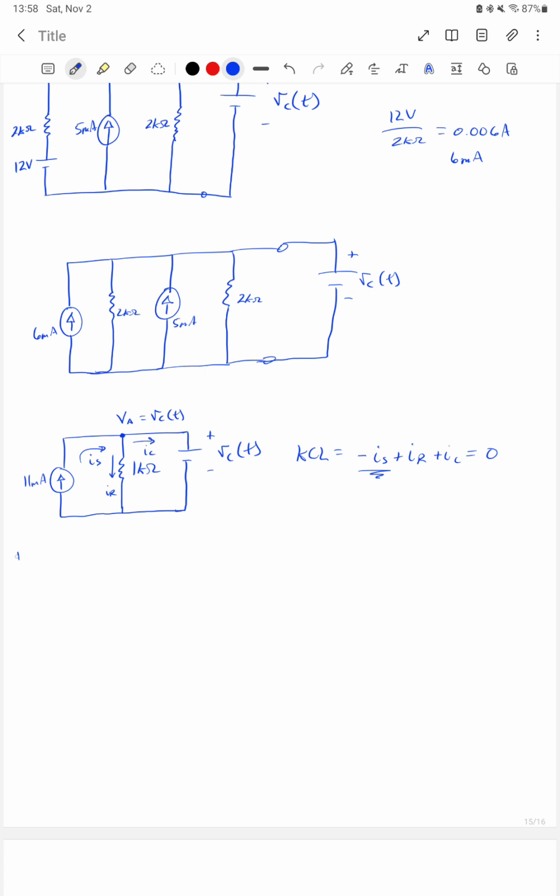I should probably write this down. In a driven circuit, your source is your solution. If you have dVC over dt plus VC, this is your solution on this side, right?